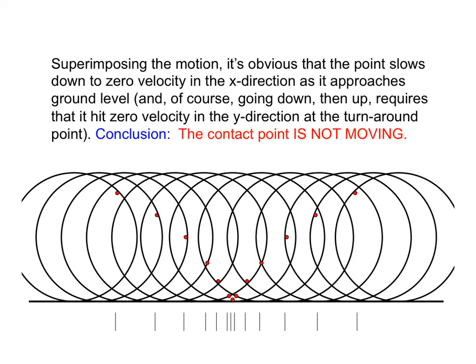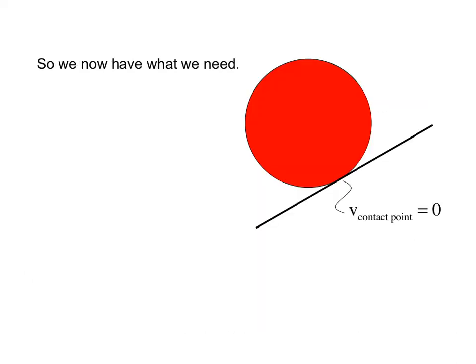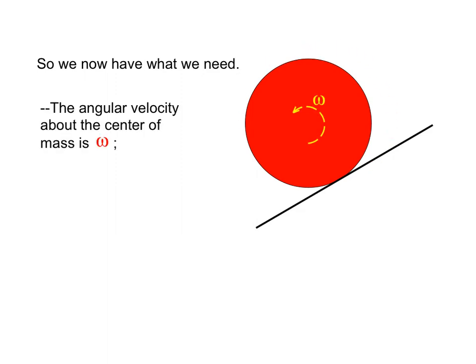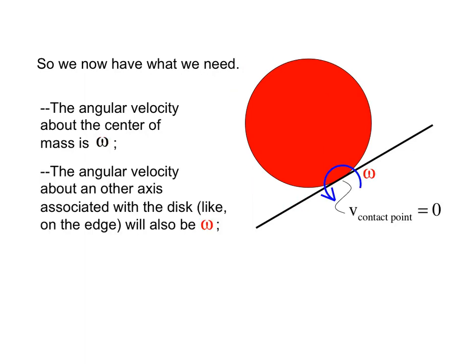So now we have all the ingredients that we need for the question that we had about our disk and the velocity of the center of mass and the angular velocity about the center of mass. We're going to call the angular velocity about the center of mass omega. We know that the angular velocity about any other axis, for instance, an axis through the contact point, will also be omega.